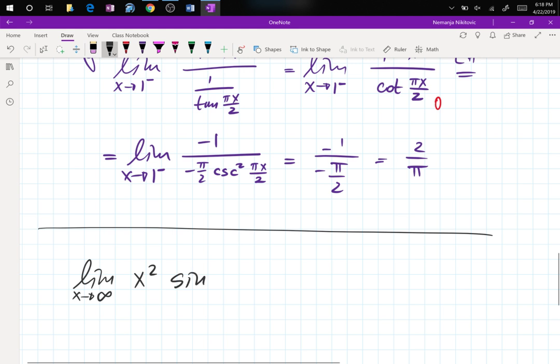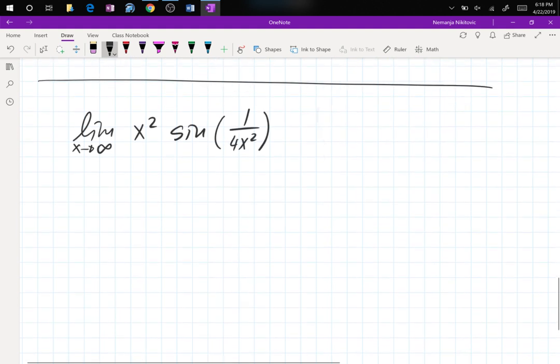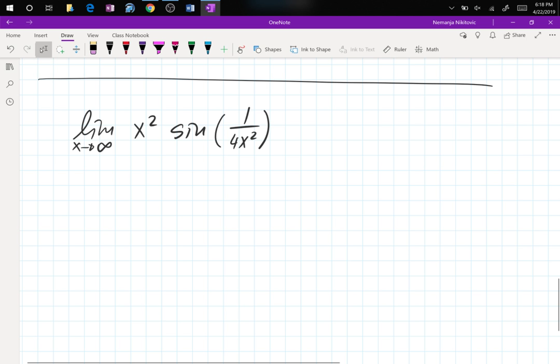Limit of x squared times sine of 1 over 4x squared as x goes to infinity. So this is another one of those 0 times infinity, right? Because when you plug in infinity, you get infinity for x squared.